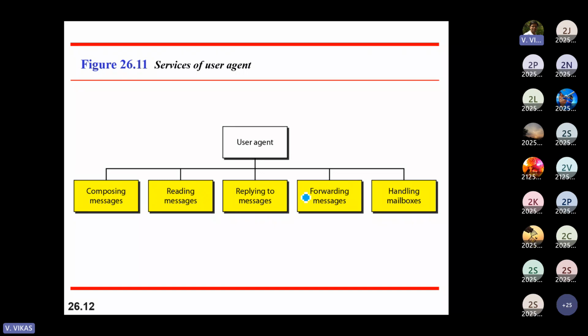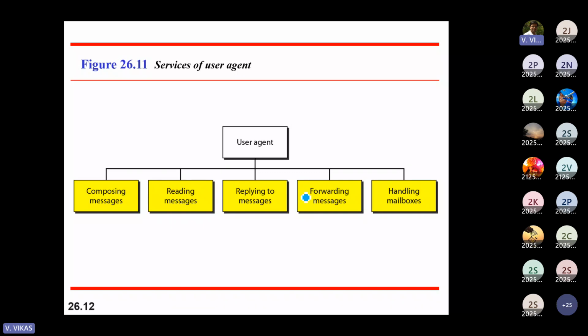Whenever you get a mail in your inbox, you check it, and if there is a mail, you just click on it, right? That is the GUI, graphical user interface. But at the back end, the user agent will be running, which will fetch that particular information. In case you want to reply to a mail you got, you click reply or reply all, and there we again take the help of the user agent. Whenever we forward a mail we received, we also take the help of the user agent.